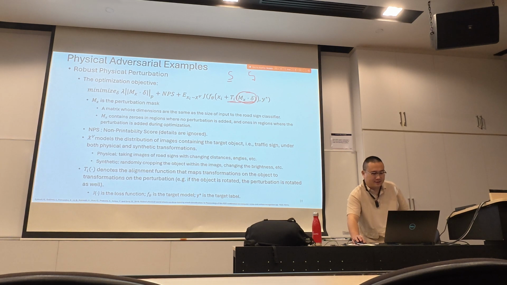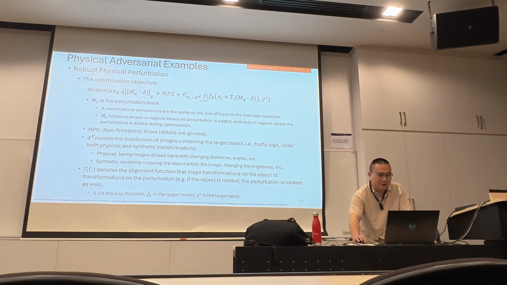And then we add the transformed perturbation onto the road sign. Okay. And finally, we calculate the loss function. So that's J.